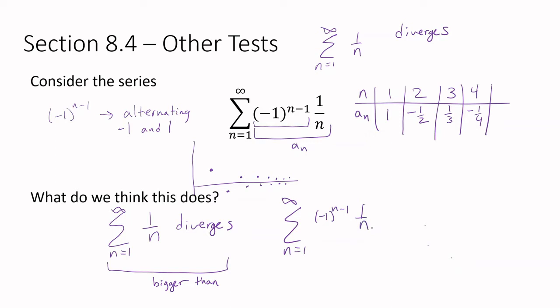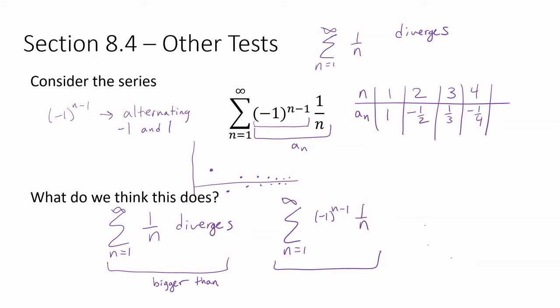If you just look at the terms, this first series would be 1 plus 1/2 plus 1/3 plus 1/4, and so on. But this series is 1, then you would add negative 1/2, so we'll just think of that as subtraction: 1 minus 1/2 plus 1/3 minus 1/4. So that's bigger than this.